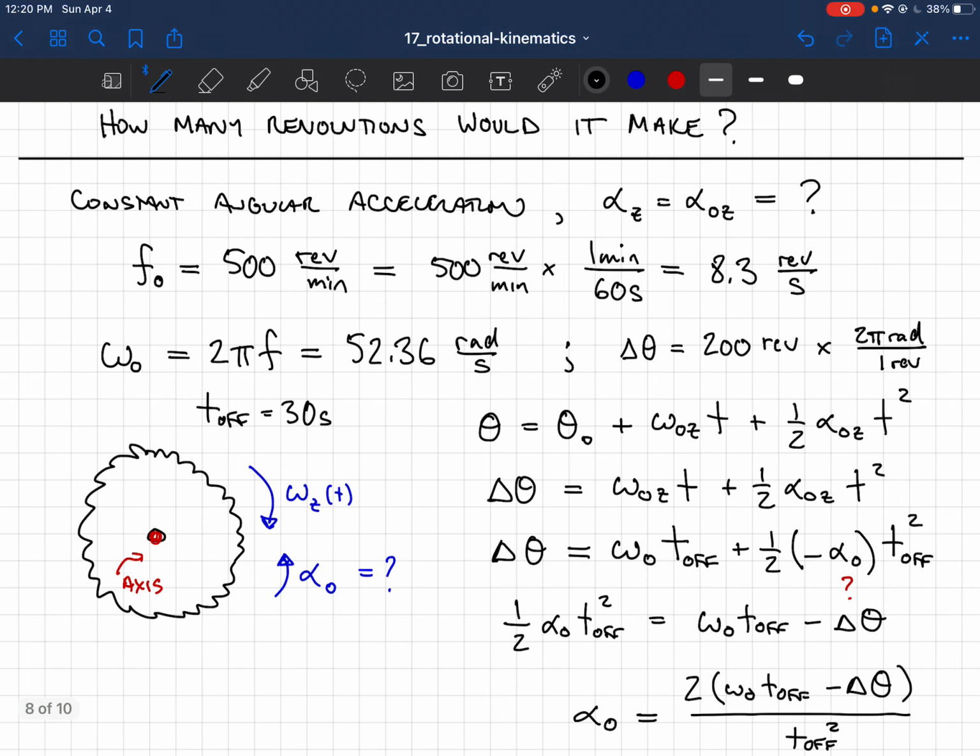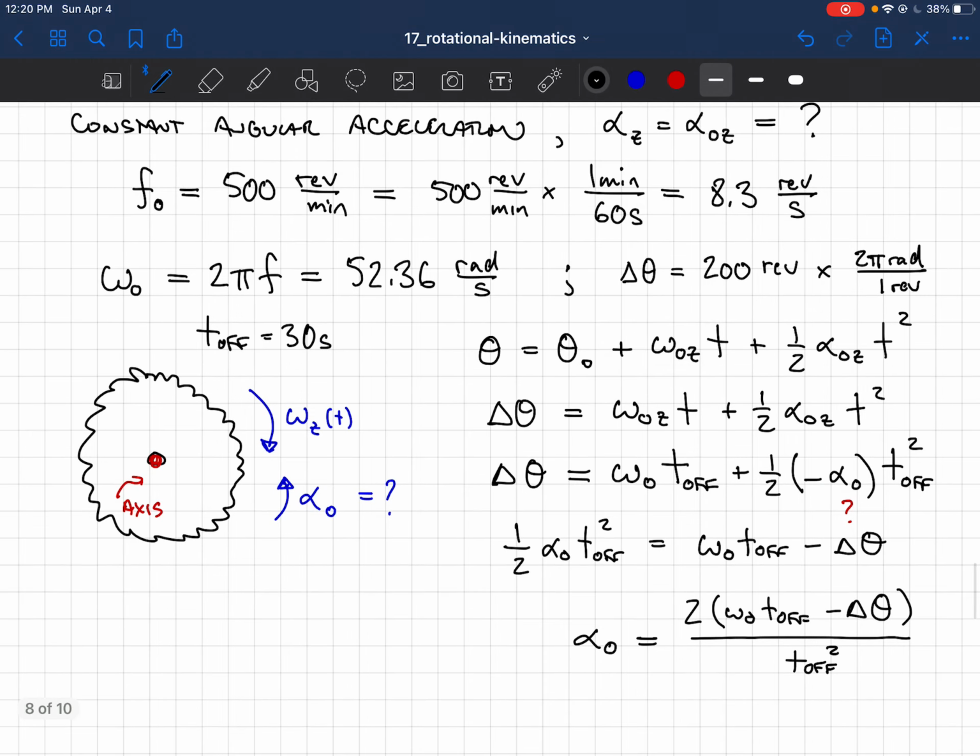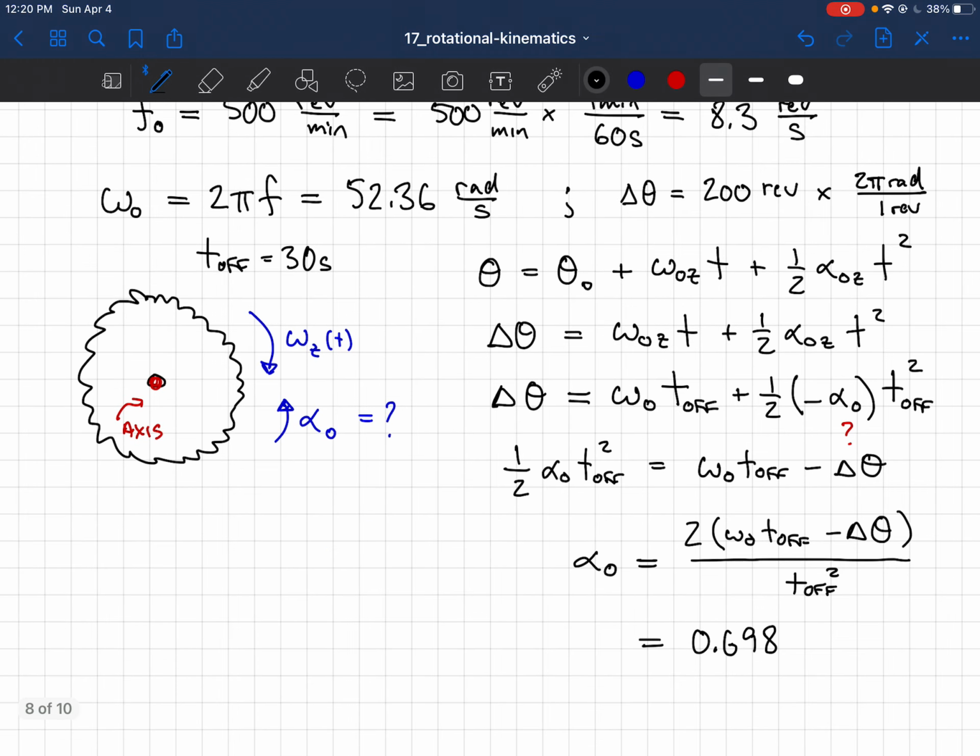So delta theta we found is 200 revolutions times 2 pi, because you get 2 pi radians for every revolution. Close parentheses and divide by t off squared, so 30 squared. And we find that alpha naught is equal to 0.698. Sorry, not theta naught, alpha naught. Those are radians per second squared.